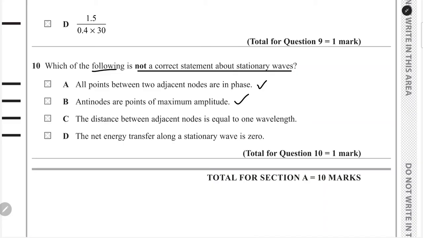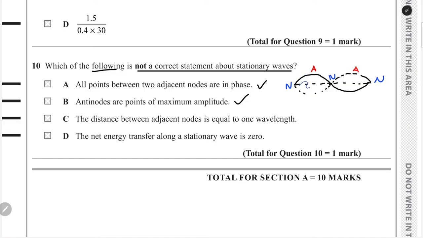Now for option C, I can draw a stationary wave. This is a representation of a stationary wave. This is a node. This is an antinode. I'll do the antinodes in a different color. In option C, we are told that the distance between adjacent nodes is equal to 1 wavelength.